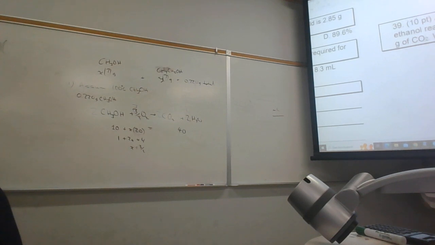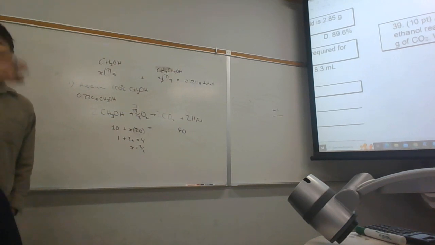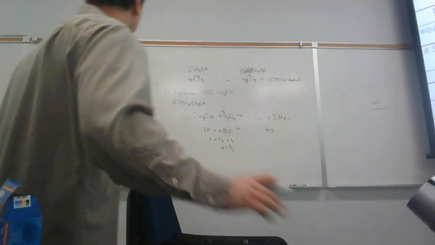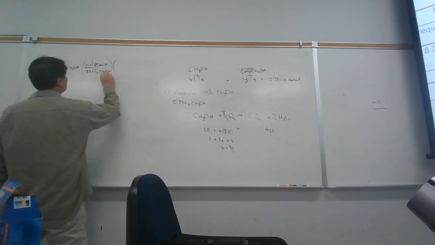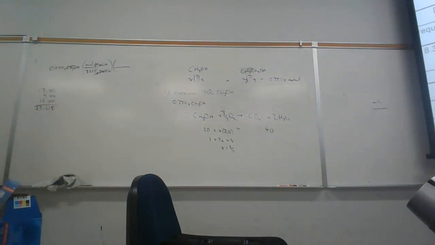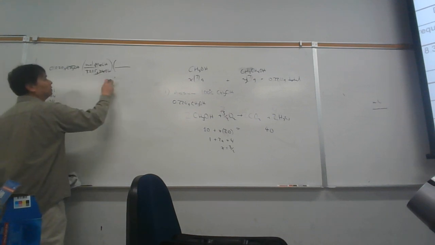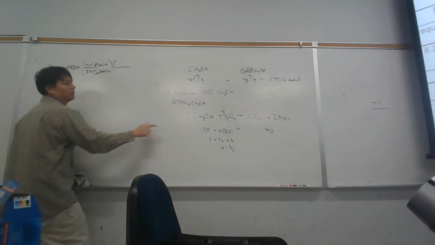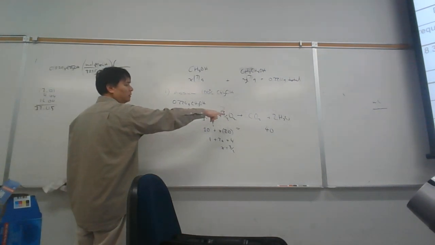A lot of people say, I'm going to save more time and not even write any units. But if you don't write any units and you get the wrong answer, then you're going to lose a lot of points because there's no systematic problem solving there. And so you want to show your work in case you get the wrong answer. Okay, then from moles of methanol, where are we going to go? We're going to go to moles of CO2.